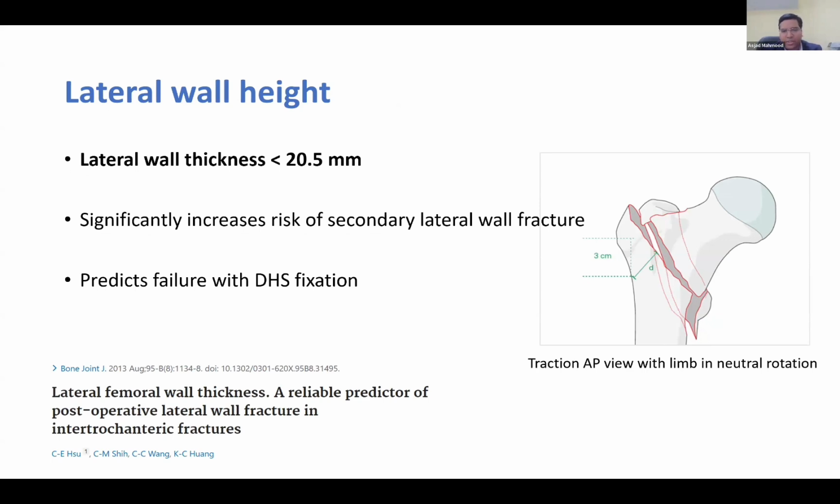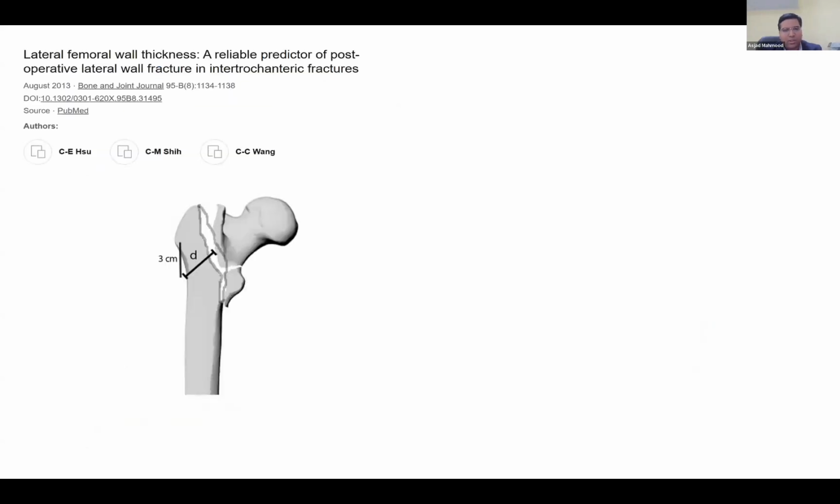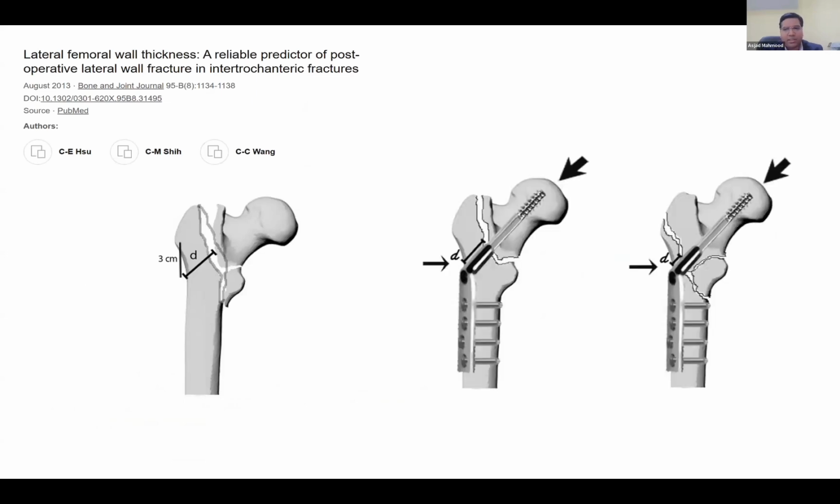It predicts failure with DHS-like implants or any other extramedullary implants. This is the study which changed the AO classification. Here the lateral wall is more than 20.5 and here it is less than 20.5 millimeter. So DHS or DHS-like implants are not for this type of fracture.